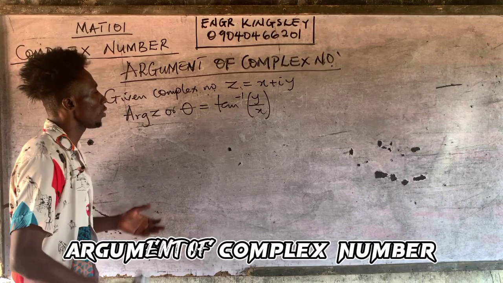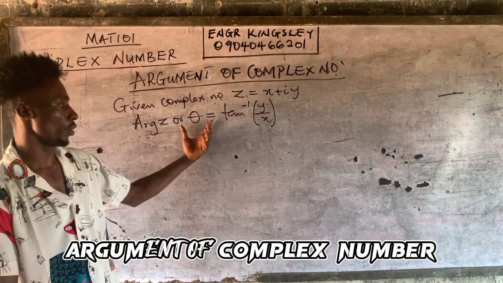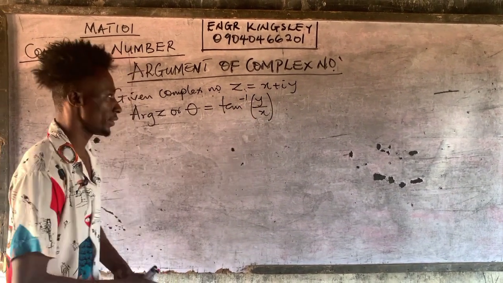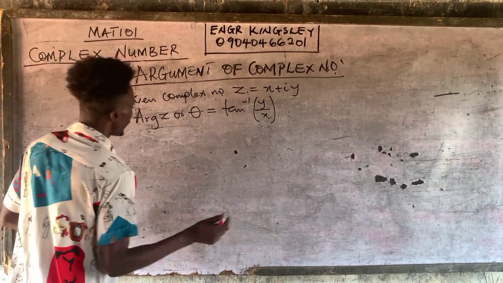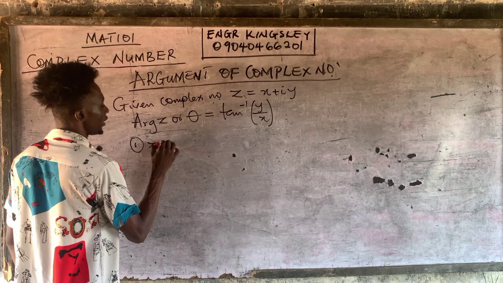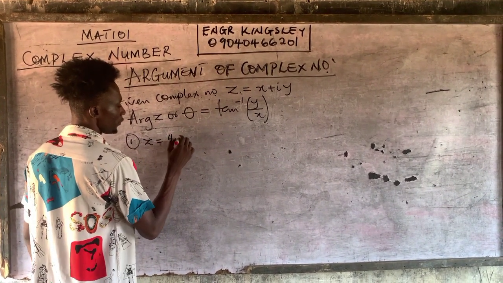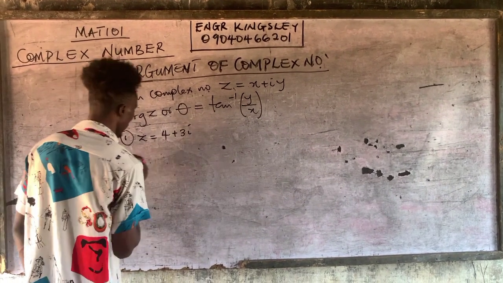If you are given a complex number and you are asked to find the argument, it is represented with z or theta, which has the formula of tan inverse of y all over x, where y is the imaginary and x is the real. Okay, if you have example 1 to be z equal to 4, for example 4 plus 3i, let me use plus, first quadrant.